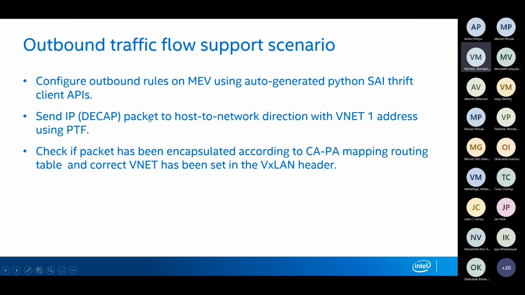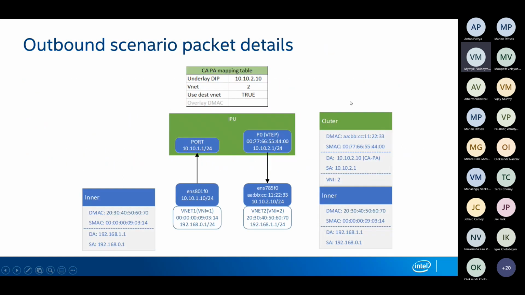So it's related to the outbound traffic scenario. We configure the outbound rules. We use a different setup. We send the decapped packet to the NIC itself, with VNet 1 in our case, and then we check that the packet is encapsulated based on the SAI PTF mapping configured in the test case. And again, these are the packet details, what is happening with the packet from the left to the right.